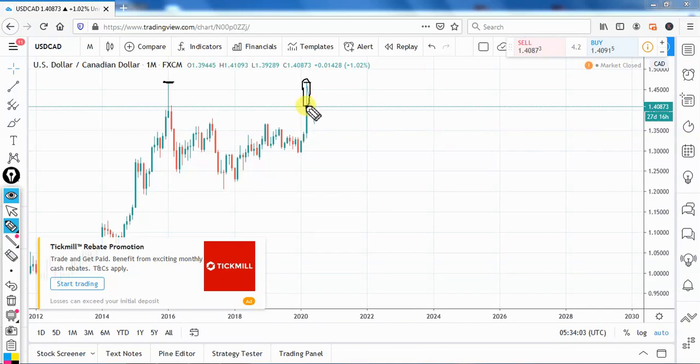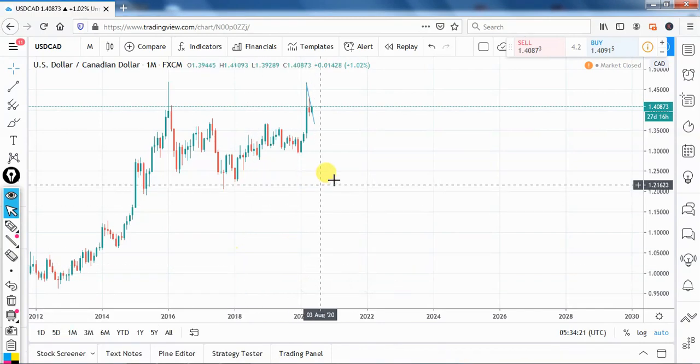Also, the last month we closed as sort of an inverted hammer in here, this red candle, and for today the price is starting to push higher at the beginning of the early month. Let me get rid of this one.